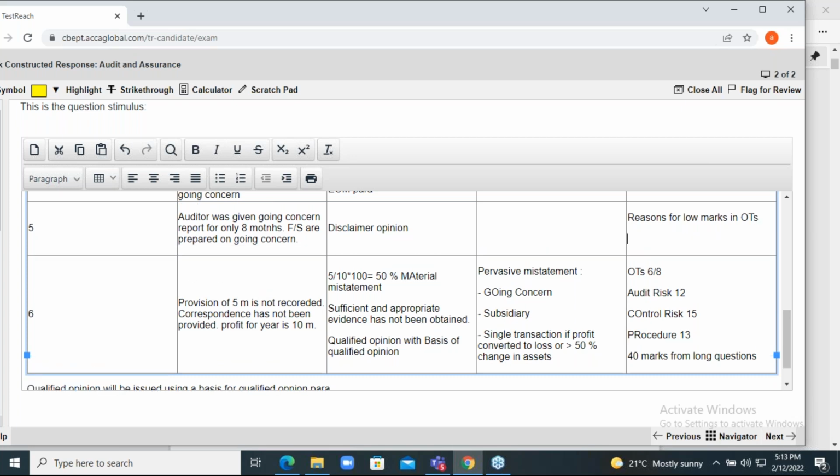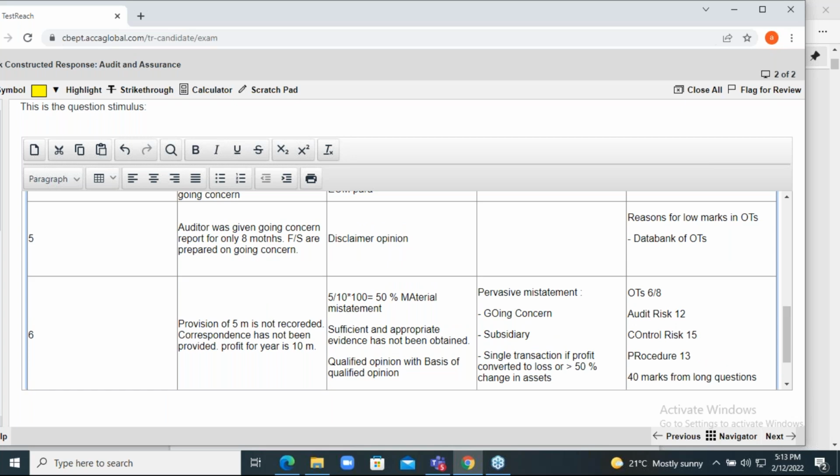First of all, data bank of OTs. We are short of a data bank related to OTs. The level of ACCA cannot be attained by any other organization. So we need to have the OTs that are used by the ACCA. As we can see, in past papers we don't have these OTs. So this is the first reason.